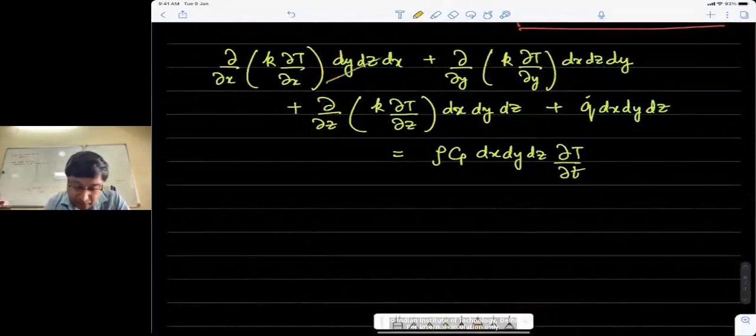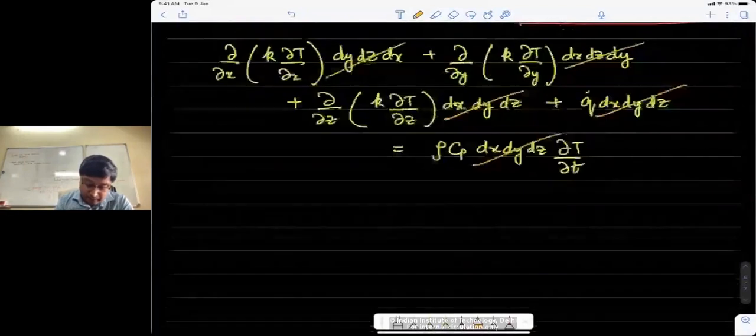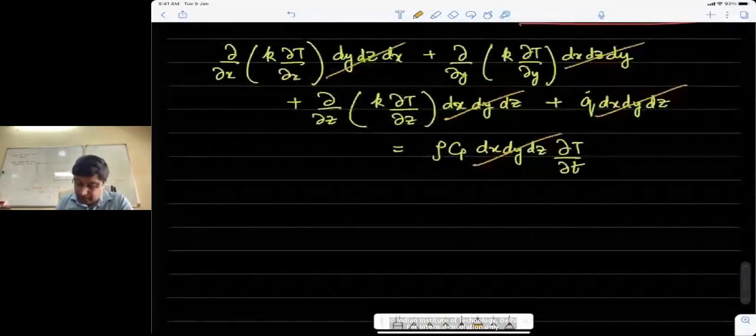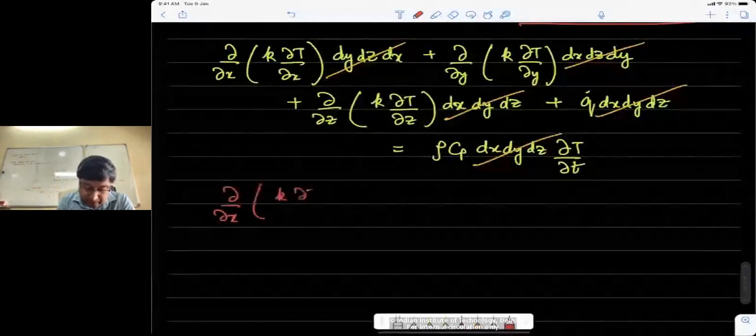Now I can safely get rid of this common factor, and what we are left with is the equation that we need to describe the temperature distribution in this medium.